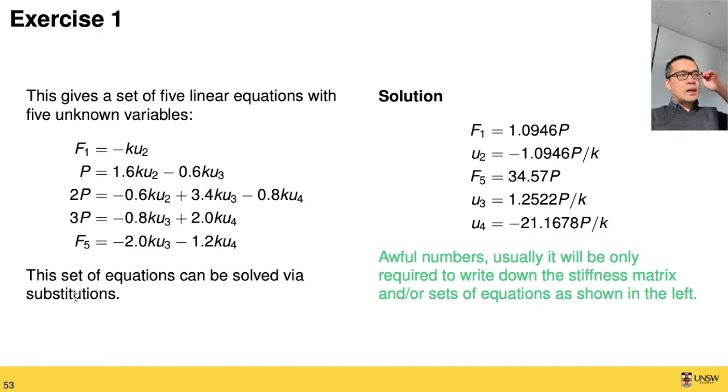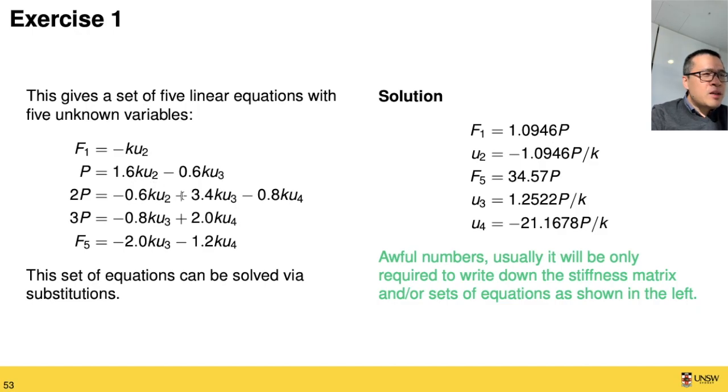Now, how to solve this particular case, for example: I can work out what U4 is in terms of U3 and P from equation number 4, and then substitute it back into the third equation. That basically eliminates U4 in the third equation, which leaves only 2 unknown variables, U2 and U3.